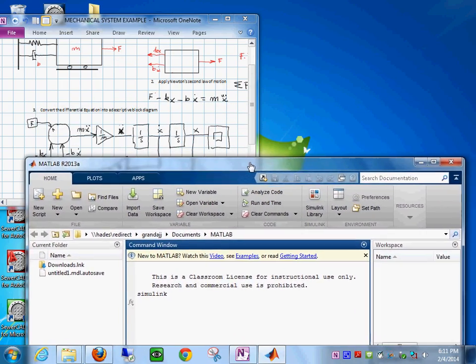Simulink is made for this kind of block diagram. So all we have to do right now is wait a little bit for it to come up, and then we'll be all set. As it goes with software, it always takes longer when you are trying to show it to somebody.